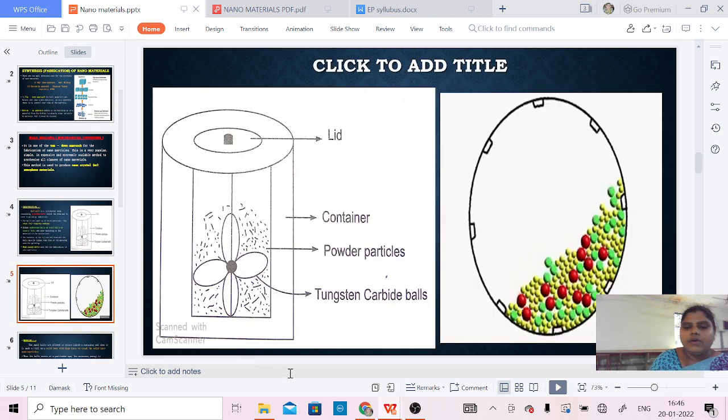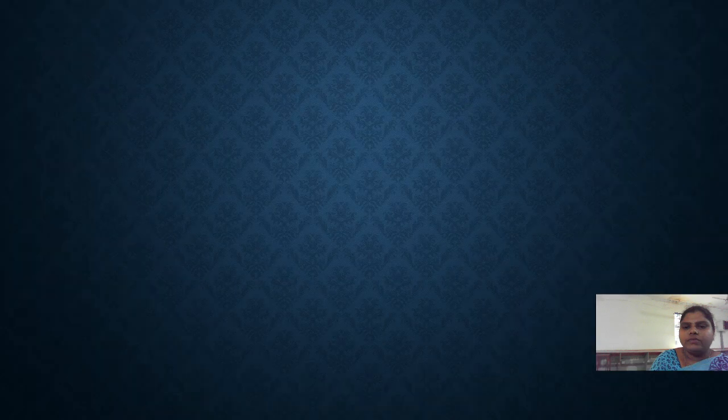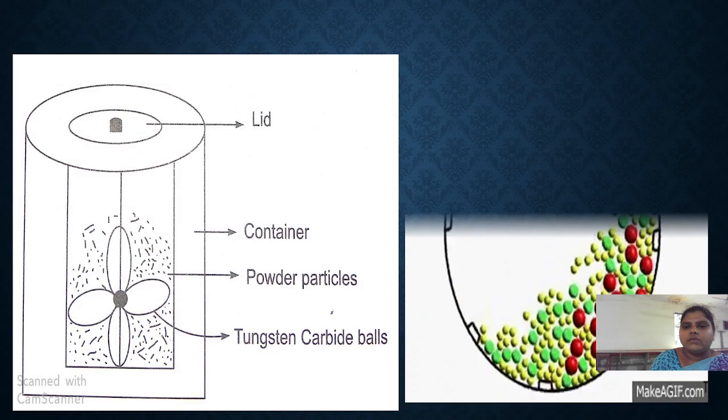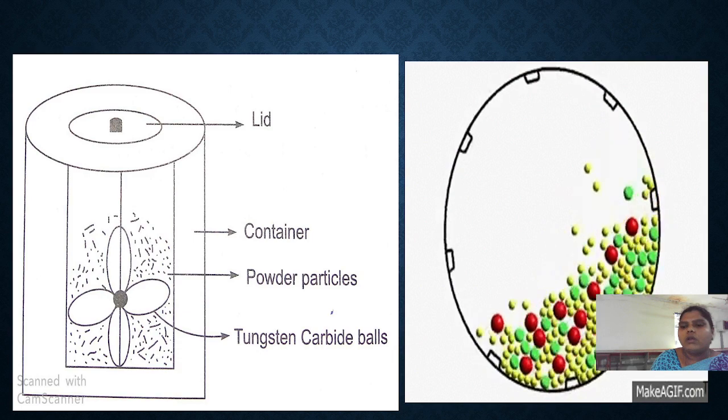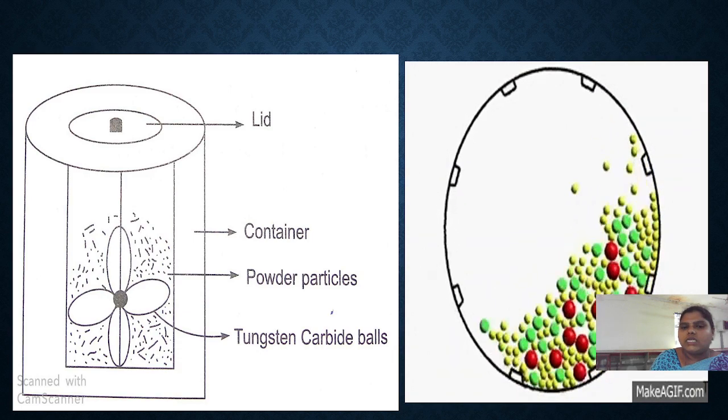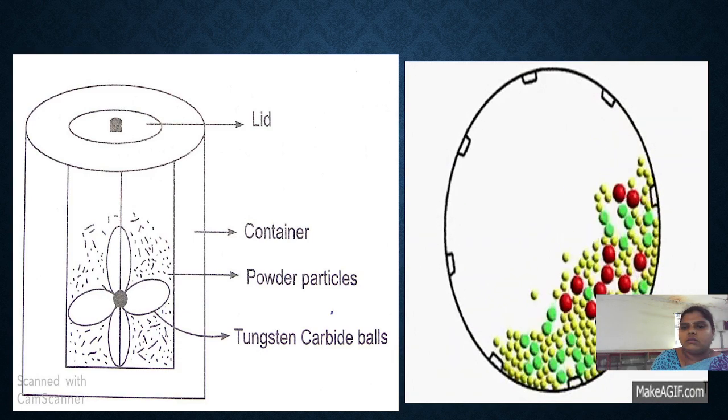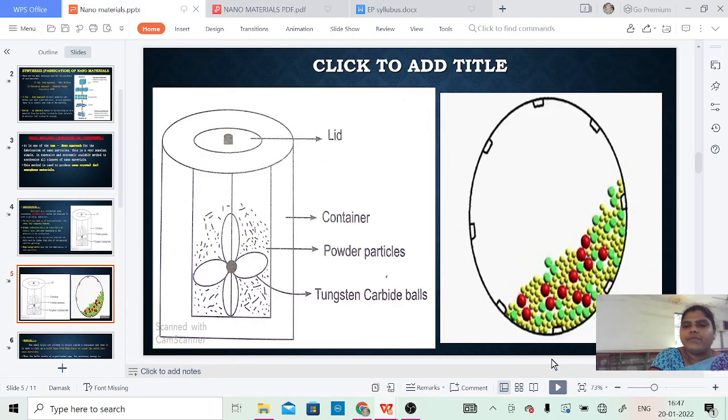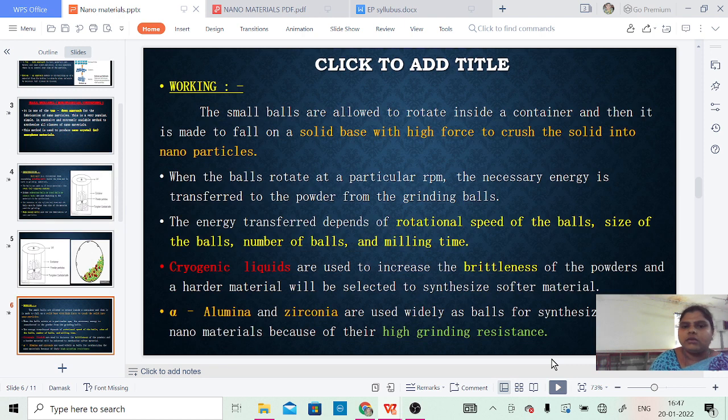Okay, see here what is happening, how the ball milling will be inside that container. Next, how it will work. The small balls are allowed to rotate inside a container and then made to fall on a solid base with high force to crush the solid into nanoparticles.